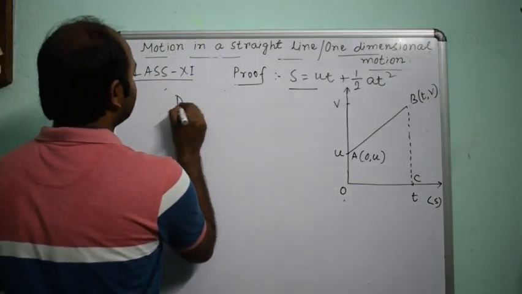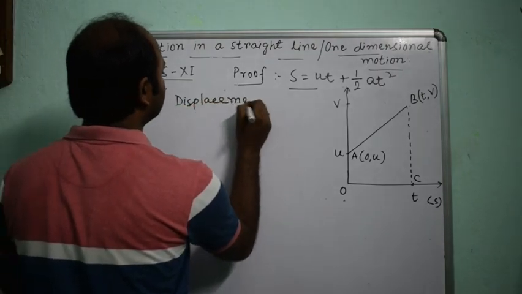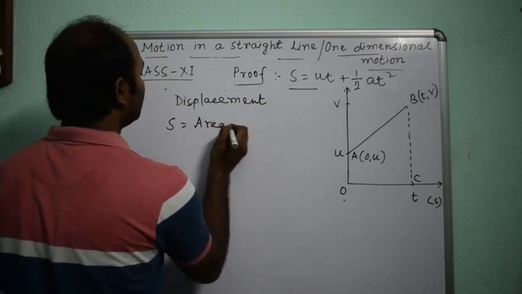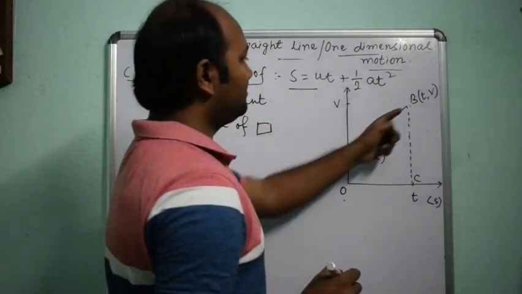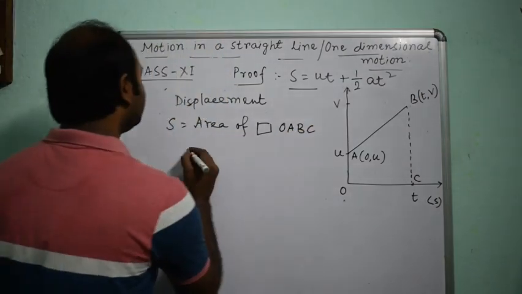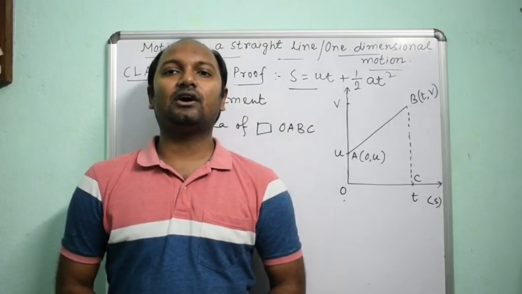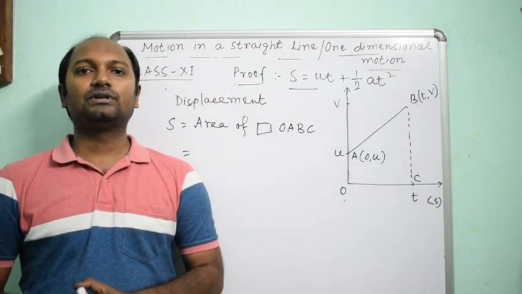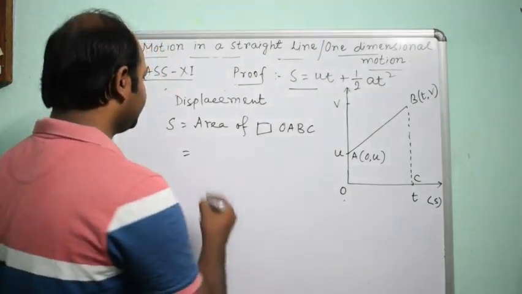So displacement S equals area of the trapezium OABC. You know the formula to find the area of a trapezium is half into sum of the parallel lines into height.